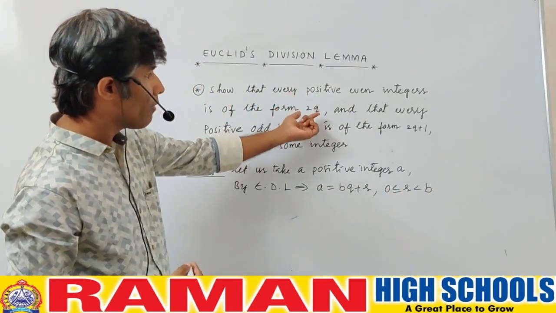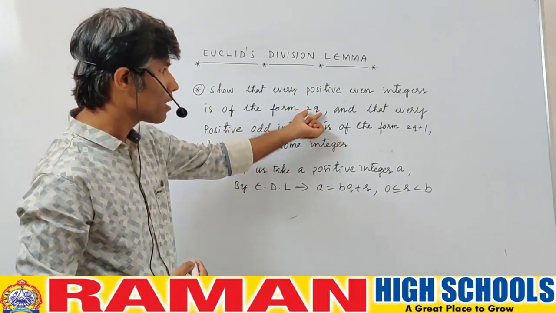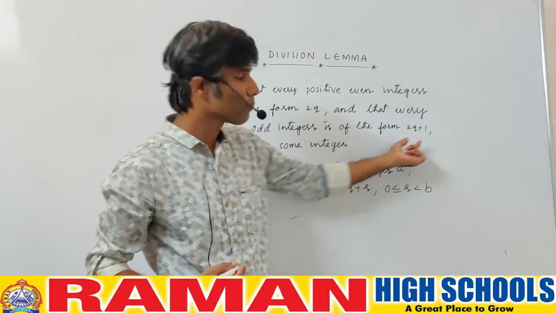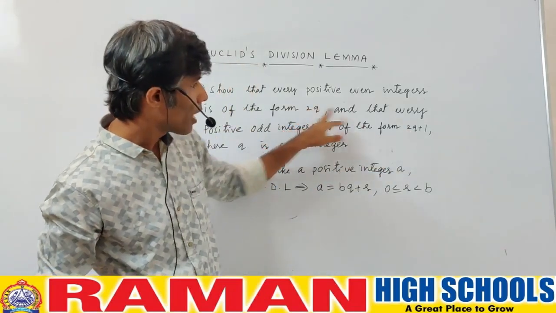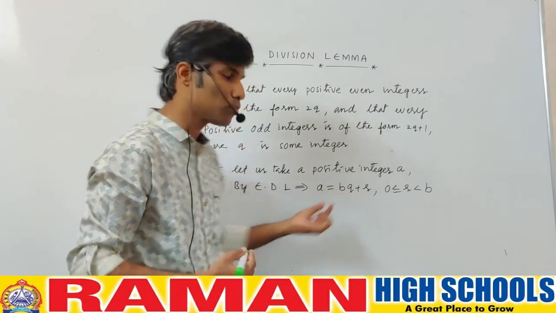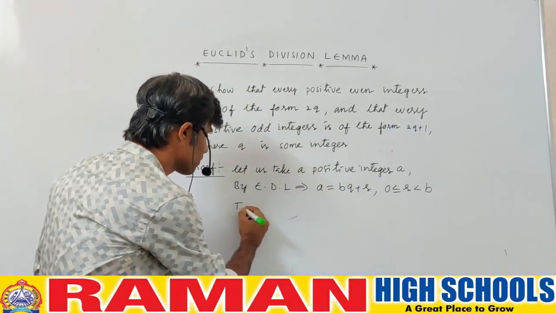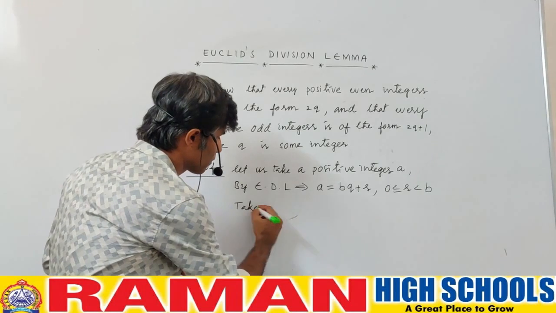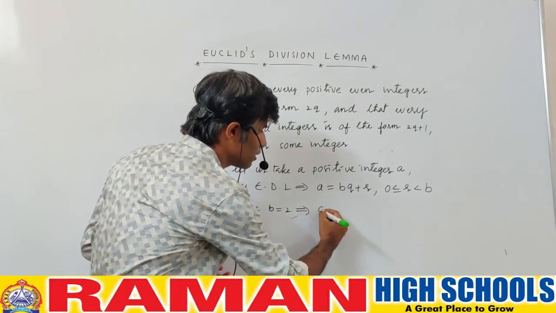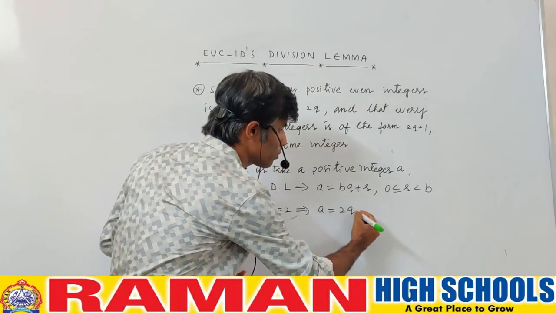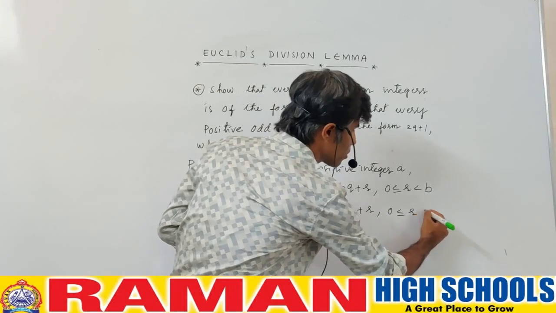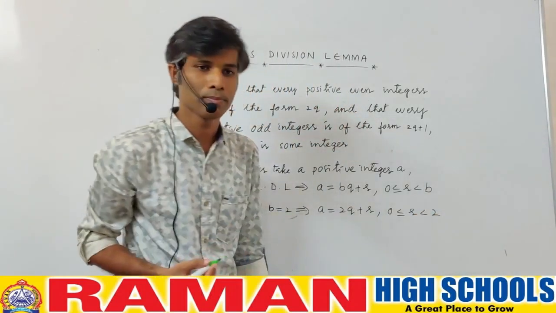Here in the question you have that an even number must be in the form of 2q and an odd number must be in the form of 2q plus 1. Here you have 2 and here also you have 2. Then let us take the value of b as 2. Take b equals 2, then a equals 2q plus r, 0 less than or equals r less than 2.